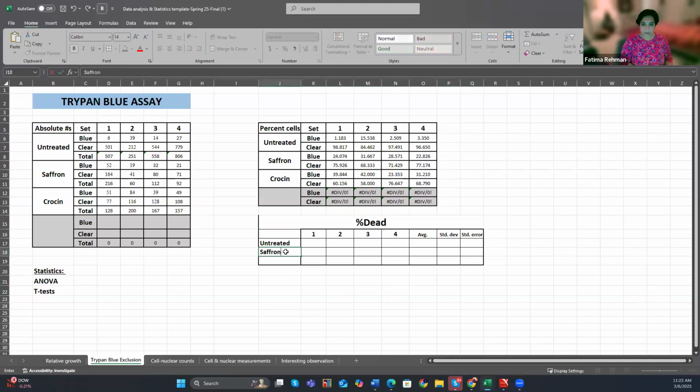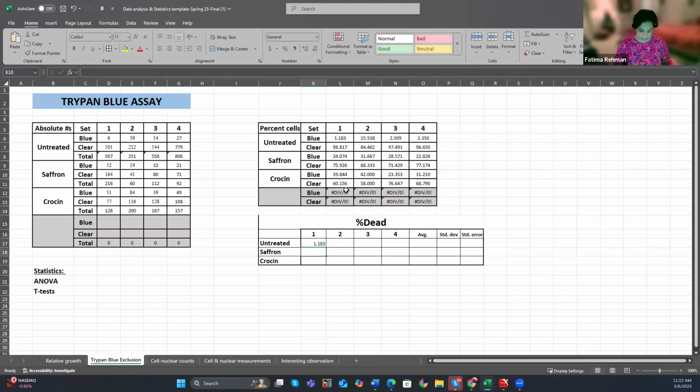Next, I'm going to organize the data according to what I'm using. I'm going to take the numbers up here and copy them down here by writing an equal sign. Because I'm doing dead, it will be the blue percentage. If you're doing living cells, so if you're looking at cells that were left behind that were resistant to your drug, then you would be looking at percent alive, and you look at the clear cells.